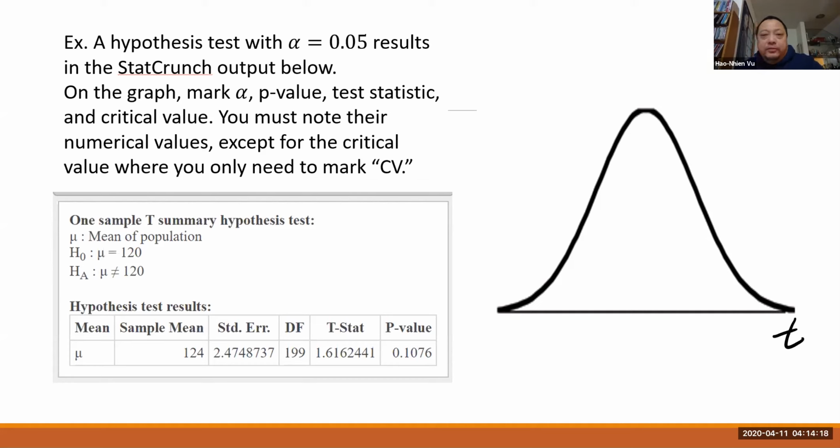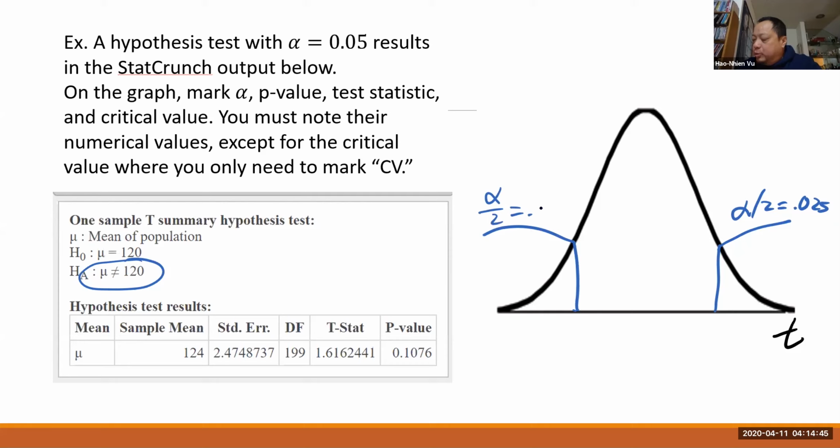I'm told that alpha is equal to 0.05. So that means there's an area of 0.05 for alpha, except that this is a two-tail test. So I need half and half on two sides. I need alpha over 2, which is equal to 0.025 over here, and the other alpha over 2 is 0.025 here.